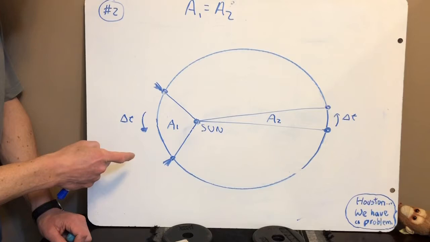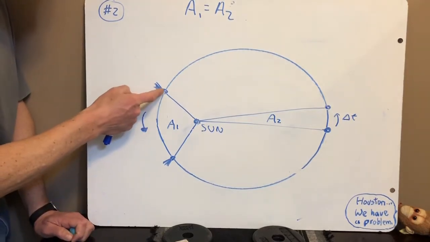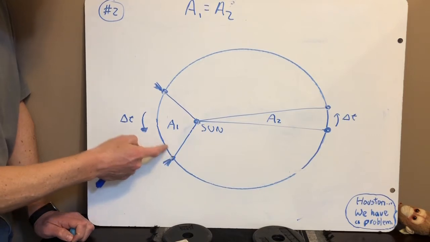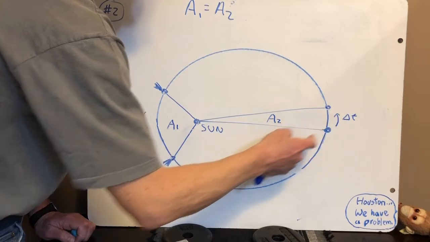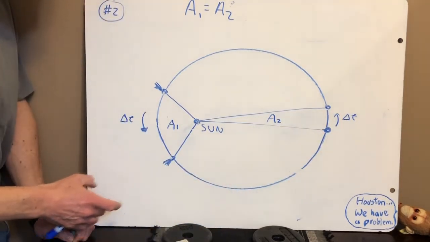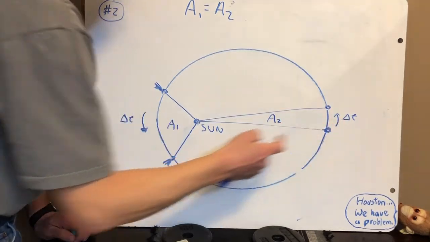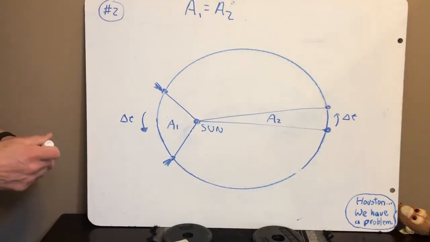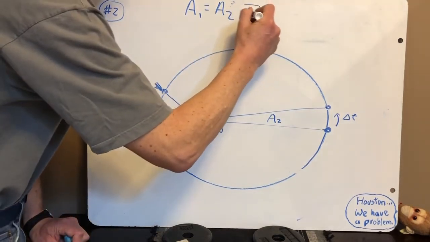In other words, the comet is traveling a much greater distance in the same length of time here than it is over here. It's traveling much faster when it's closer to the sun than when it is further away from the sun. So that's the important part of Kepler's second law.